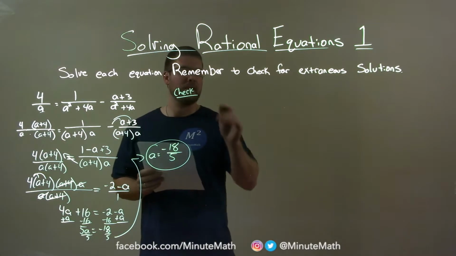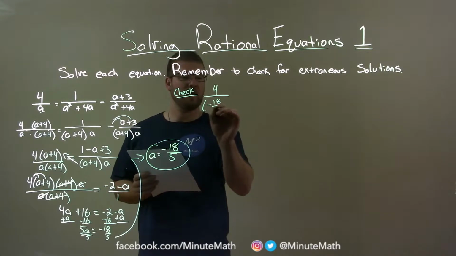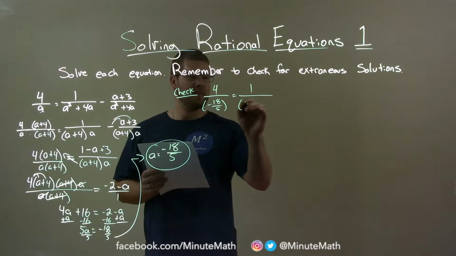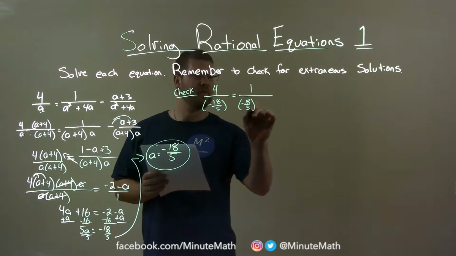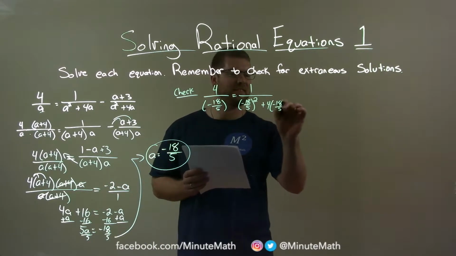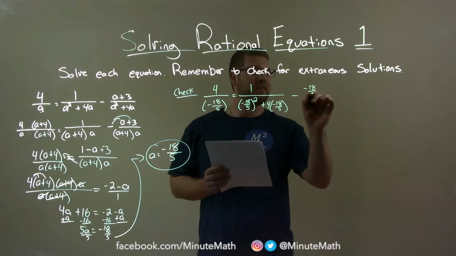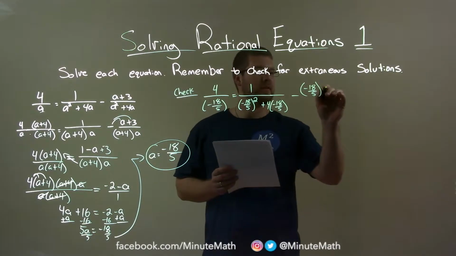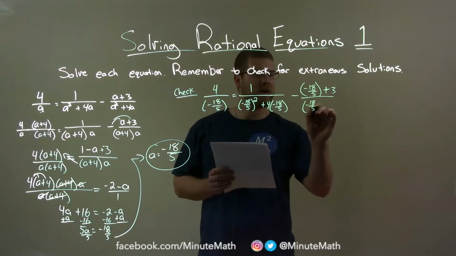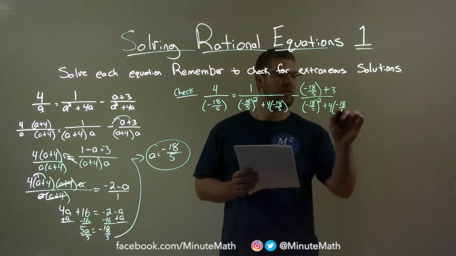So let's write this out here. 4 over a, negative 18 over 5, equals 1 over a squared, so negative 18 over 5 squared, plus 4 times negative 18 over 5, minus a up here, negative 18 over 5, plus 3, over, again, negative 18 over 5 squared, plus 4 times negative 18 over 5.